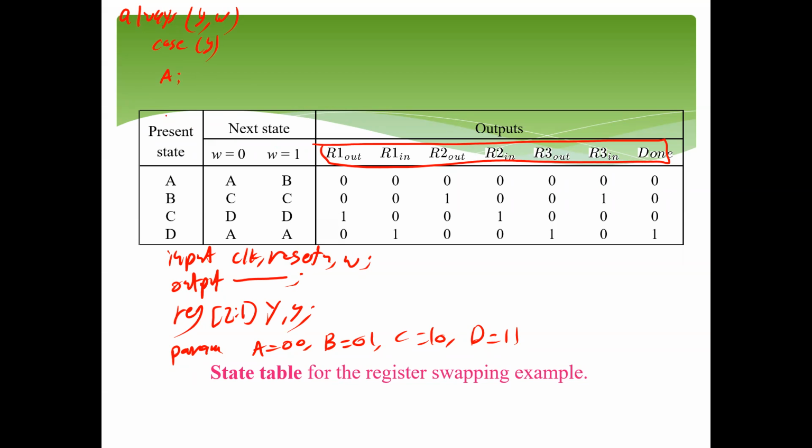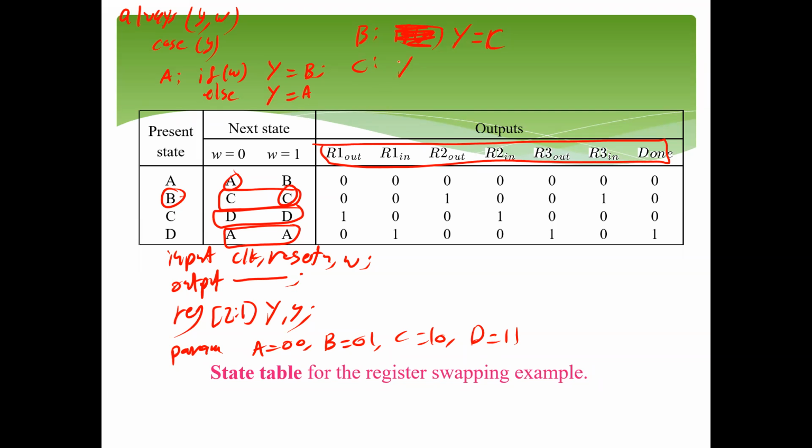If I'm at state A, I will check the value of W. If W equals 1, make capital Y equal to B, else capital Y equals A. Case B, that means if I'm at B, check W. Actually, since W is not affecting the transfer from B to C, it's always going to C. So if you are at B, the next state, capital Y, equals C. For C, the next state is D. And for D, the next state is A. Since I'm not depending on W, I don't need to have this if-else statement.